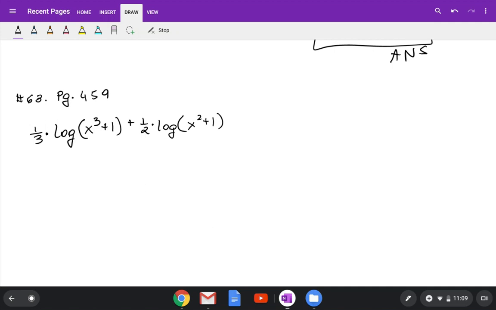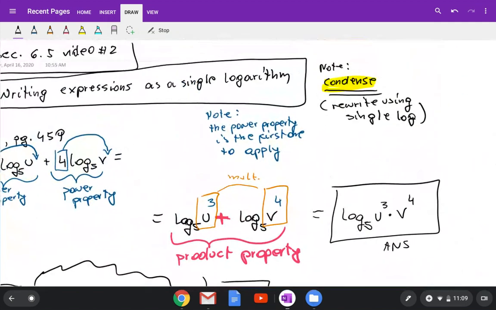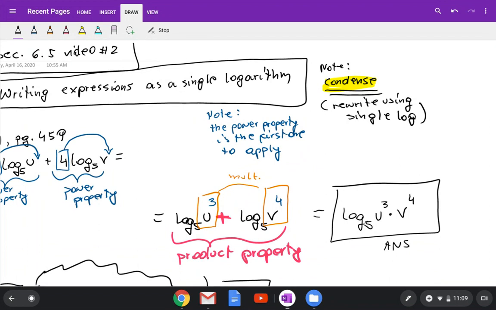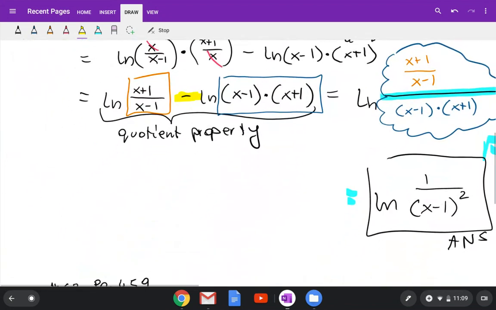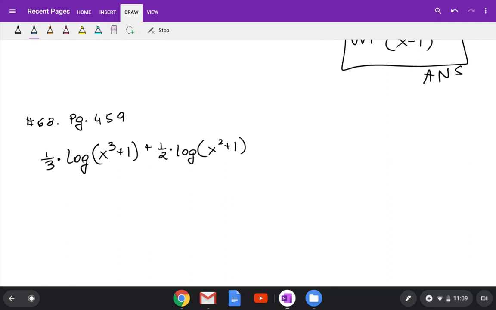First, the power property is the first thing you're supposed to do. Definitely here you will need to apply the power property, because when you have a coefficient in front of a log, that means it's a power of that expression. So first apply the power property.